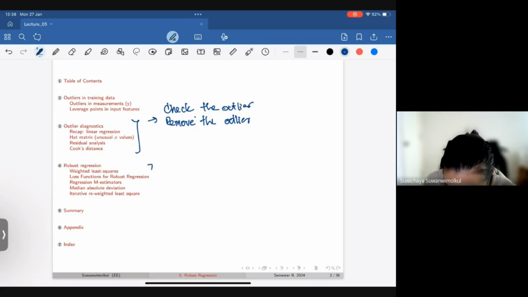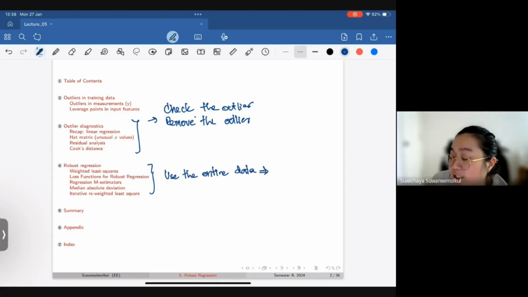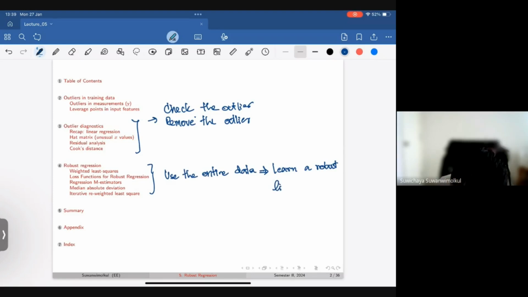However, there's another type of technique where you may or may not try to remove those outliers, but you tend to use your entire data to learn a robust linear regression, or maybe just any robust estimation.